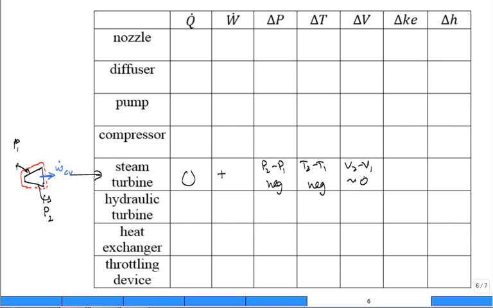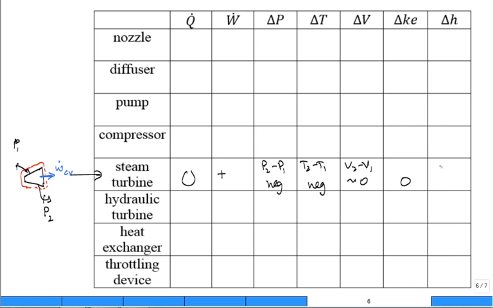Often that's negligible. Otherwise, they have to tell you, oh, this is the inlet diameter, that's the outlet diameter, mass flow rate is constant, hence you can calculate V1 and V2. And if you did and it was a real problem, you'd probably find that it's coming out a little faster because it expanded. Okay? But most of the time, it's 0. What about the change in kinetic energy? If the change in speed is 0, that often is 0.